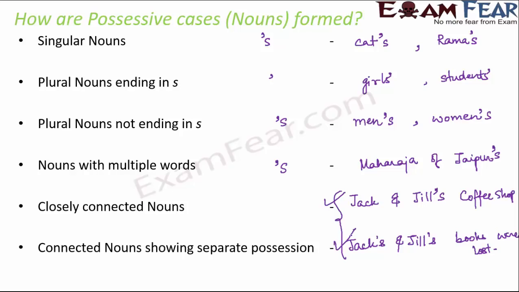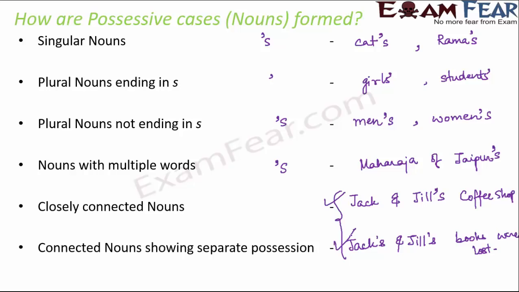So see, English is a kind of language where you have a certain set of rules, but at the same time, you need to know what exactly you want to express so that you can apply the rules accordingly. If you have two different nouns and you want to show different possessions of both of these nouns, in that case you have to put apostrophe S to both the nouns.